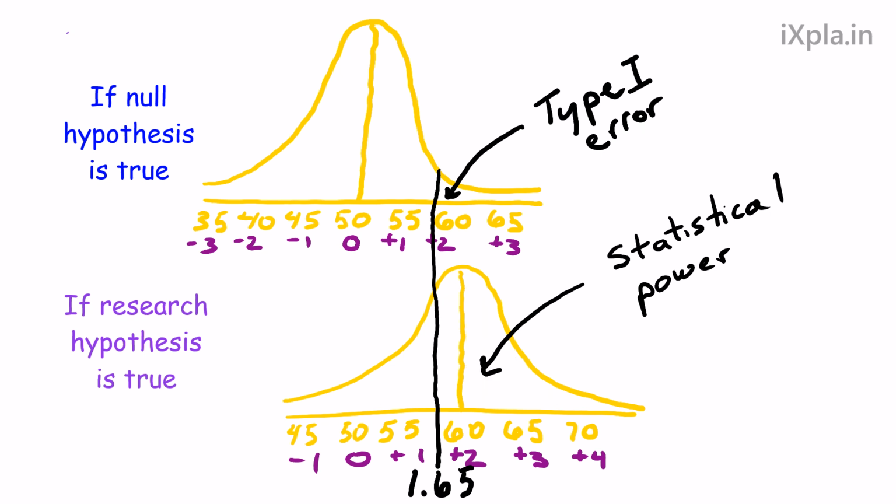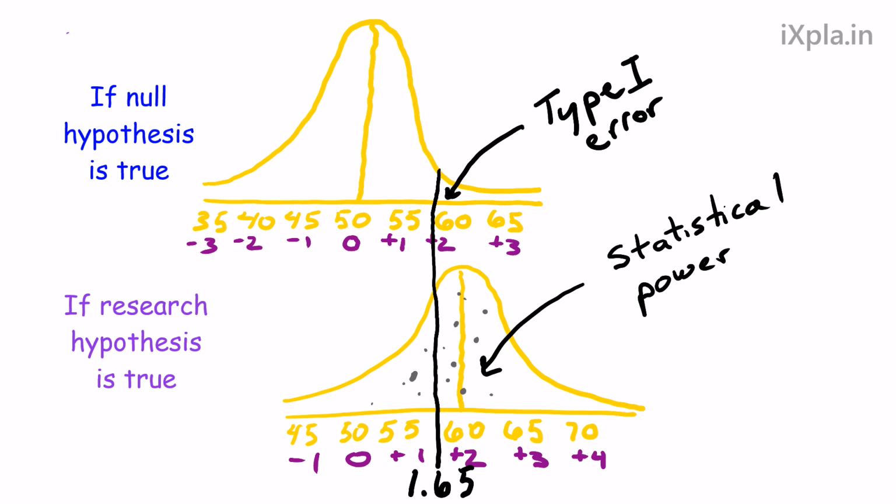Now, as I said before, you expect to get values close to 60 if you did a bunch of samples. But sometimes you get something that's farther away. In this case, if we were to get something like a 55, we are not going to reject the null. We are going to conclude that the null hypothesis is true, that there's not enough evidence to reject the null.